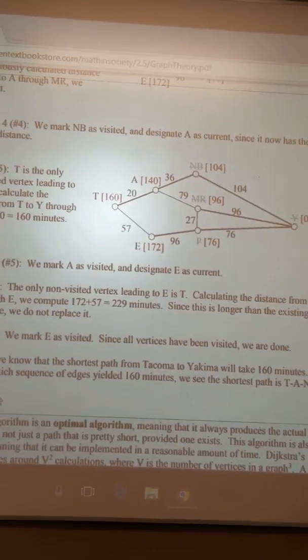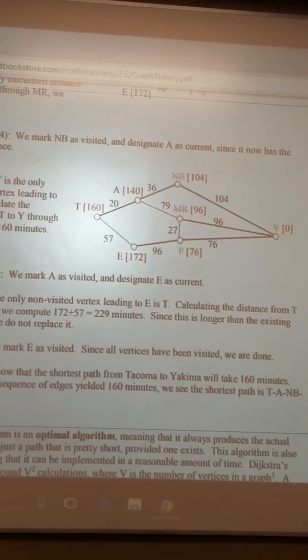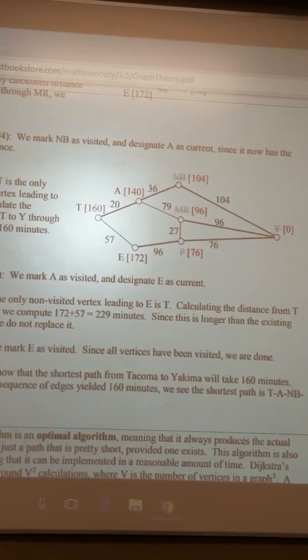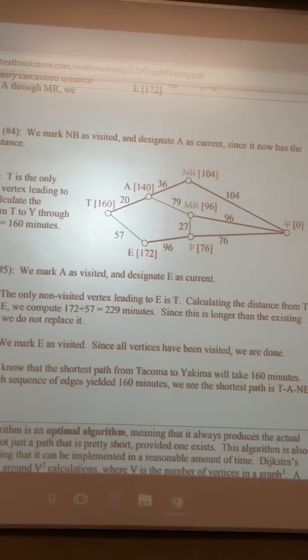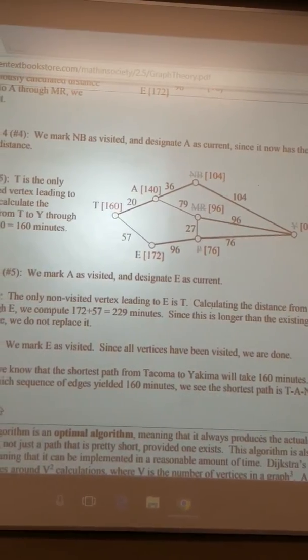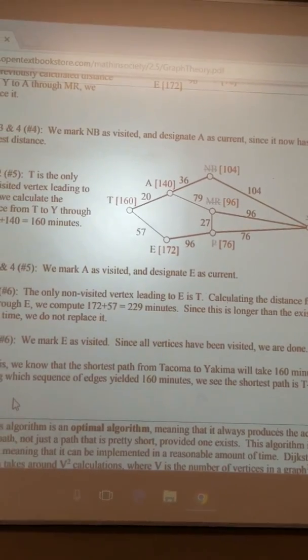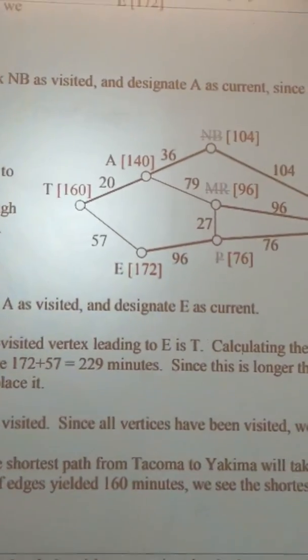That's the brute force algorithm. The brute force algorithm will always give you the optimal and the best result. But it is not always the most efficient. It's usually not the most efficient. For a small graph like this, it is. It's fine.